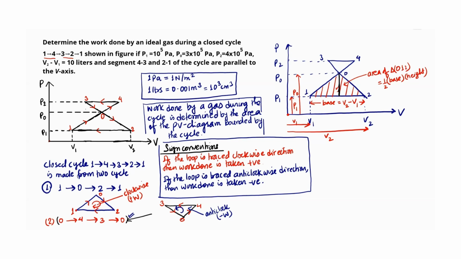So when we find this difference, it gives me the height. So the height is P naught minus P1. So this is to be noted.